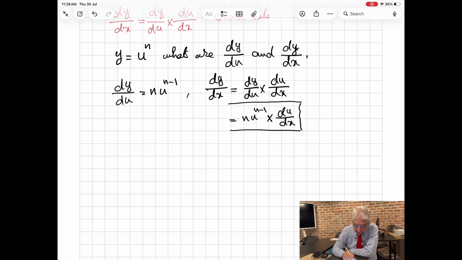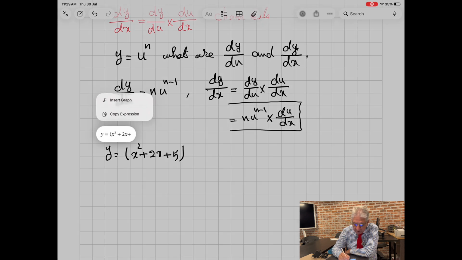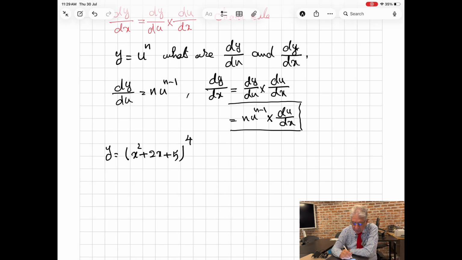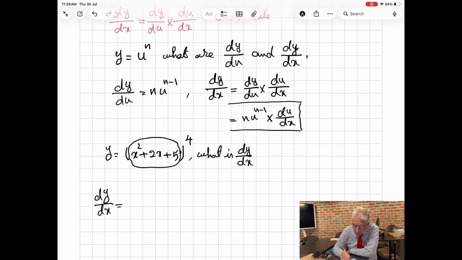So we have this important formula. Let us give an example. Suppose y is equal to x squared plus 2x plus 5 to power of 4. Now, what is dy by dx? Now, dy by dx is equal to, now, you have something, you can call it this one u. This is u to power of 4, something to power of 4.